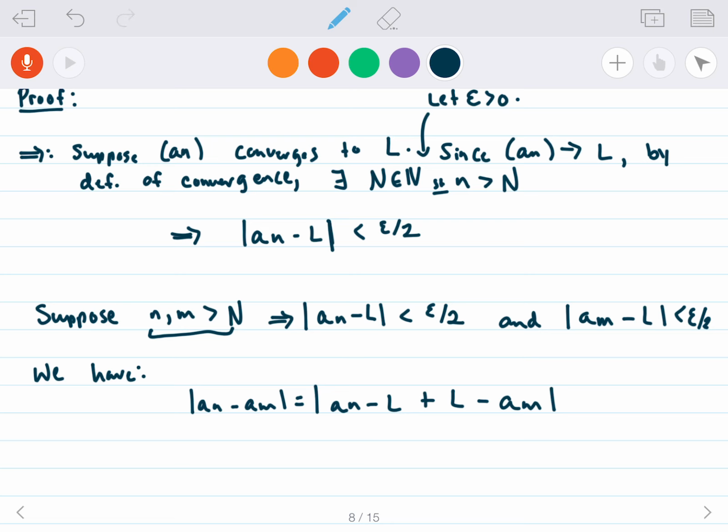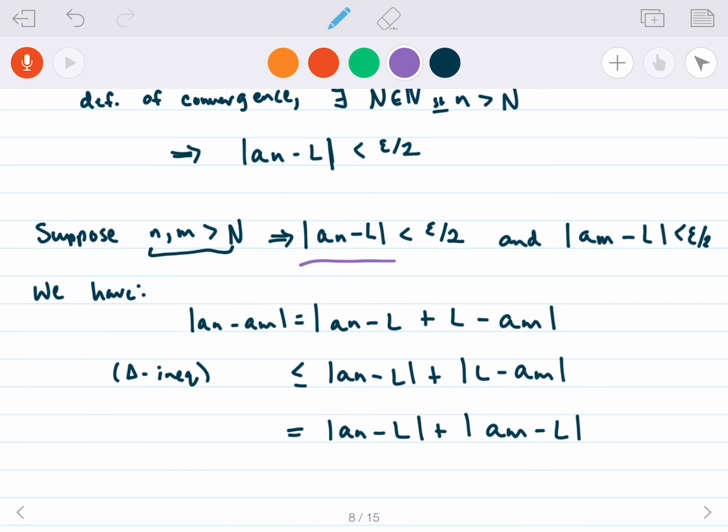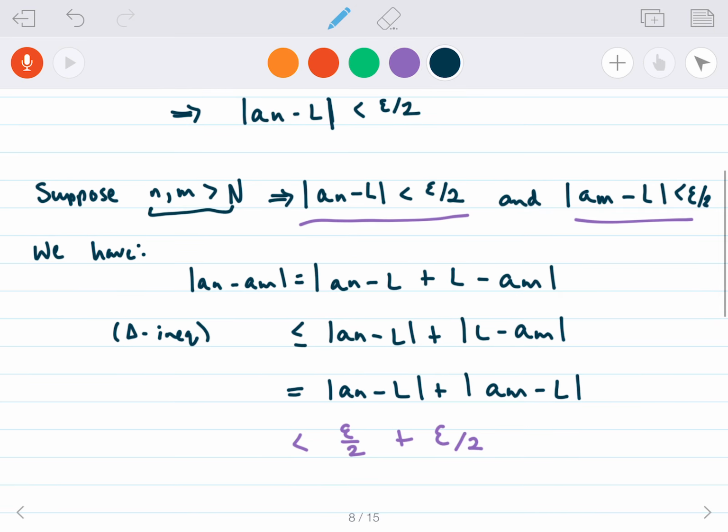And then by the triangle inequality, this is going to be less than or equal to the absolute value of a sub n minus L plus the absolute value of L minus a sub m. Well, we can rewrite the second thing by the properties of the absolute value as a sub m minus L. And then by the above, this is going to be less than epsilon over 2 plus epsilon over 2, and this equals epsilon. So we're done.